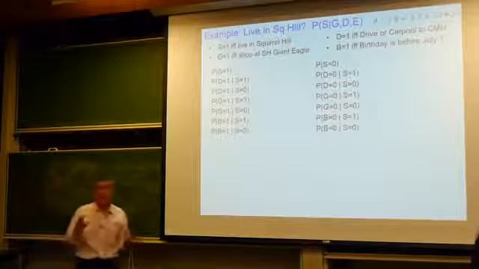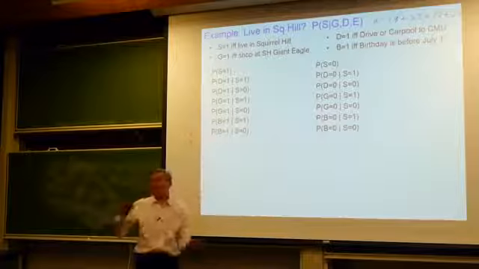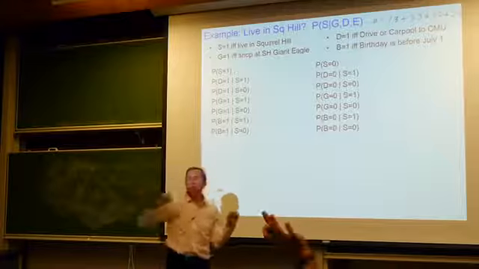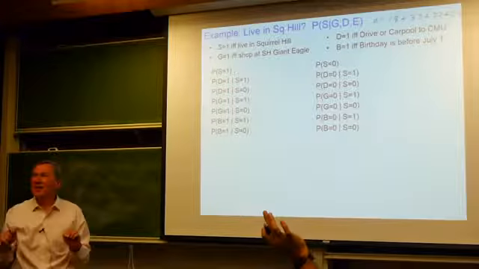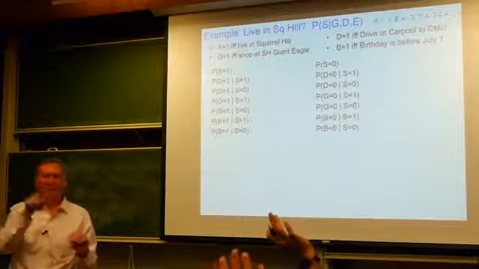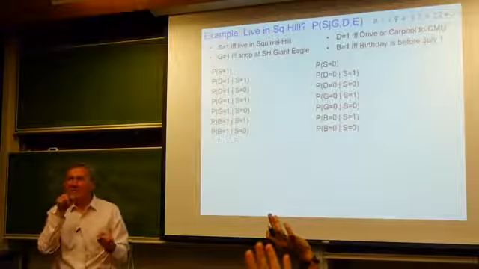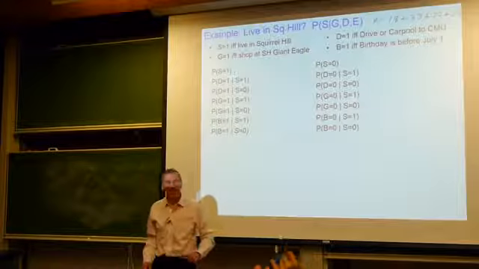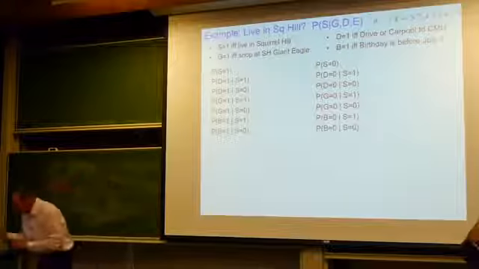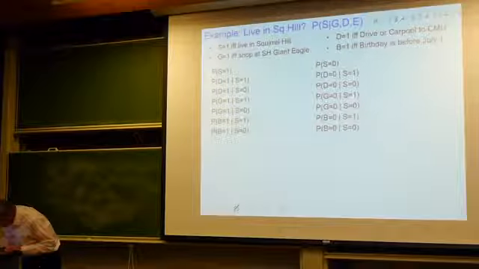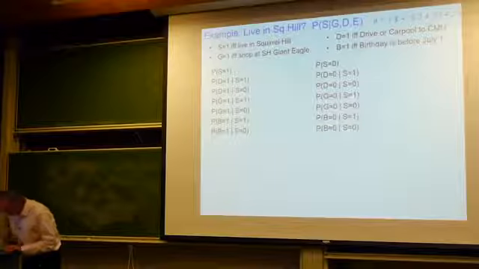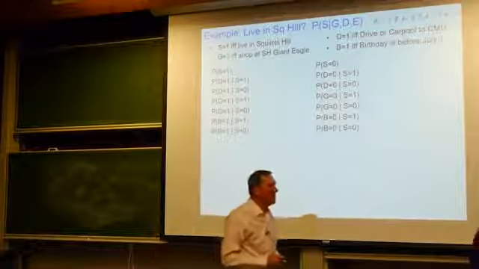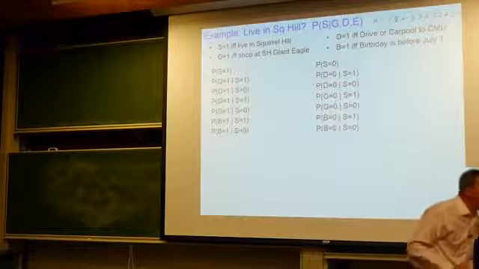Now, raise your hand if in fact you do live in Squirrel Hill and you're not a test example. How many? 7, I think.